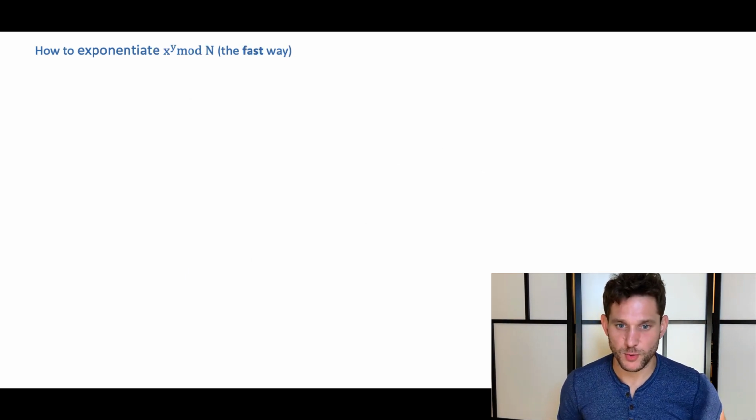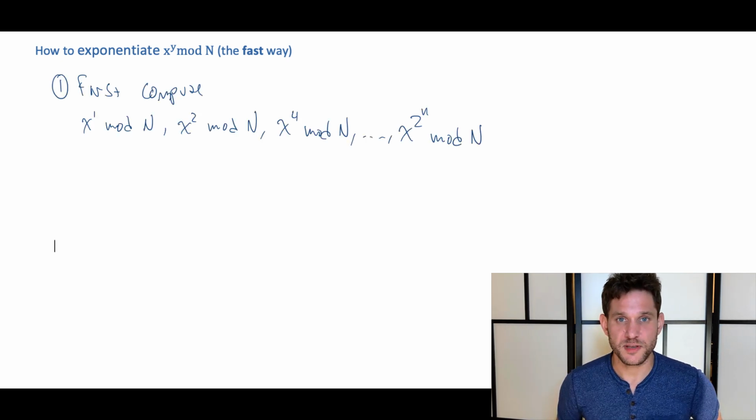Okay, so now we're going to do a faster method for exponentiating x to the y mod n. First things first, we compute x mod n and then x squared mod n. Remember, we can get x squared mod n by simply multiplying x times itself and then taking that mod n. To get x to the fourth mod n, we simply square x squared mod n and then take the remainder upon division by n.